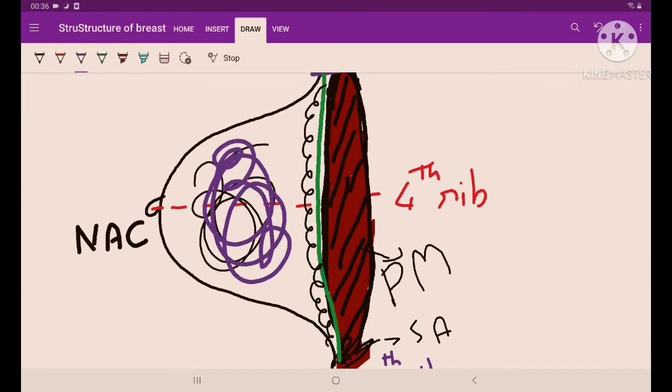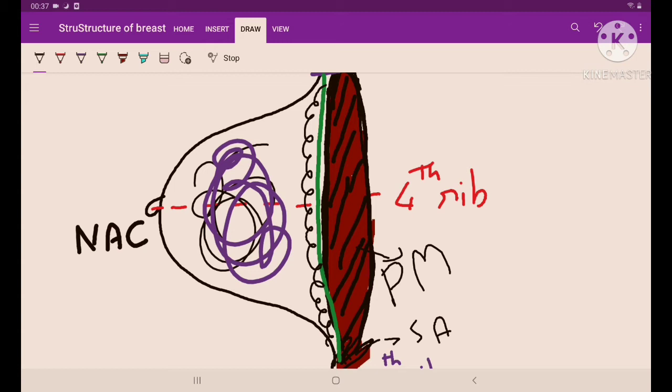Guys, there is one more important landmark. It's the nipple areolar complex. Even in males and in females, the nipple areolar complex lies at the level of the fourth rib. The fourth rib is a very important surface landmark because in physiology, we'll be doing auscultation of the heart sounds, and there are four regions. Among them, one is the mitral region.